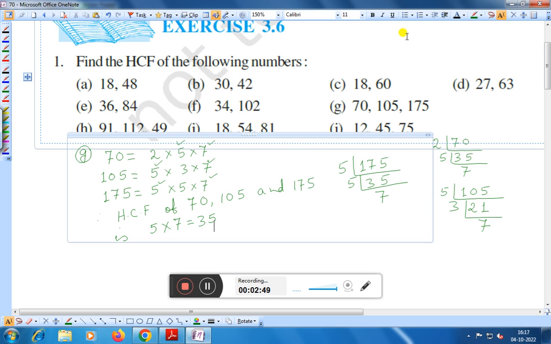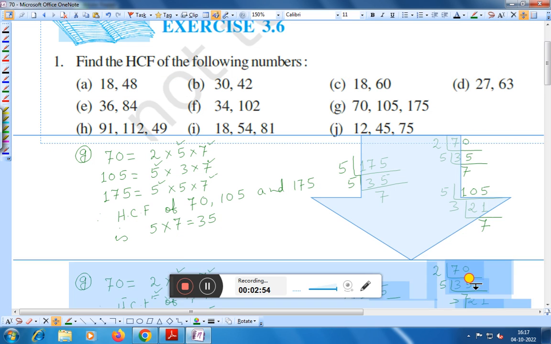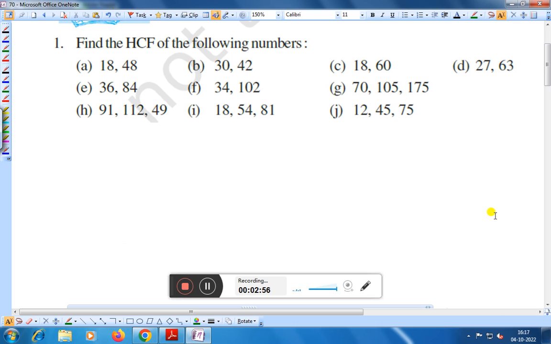Next we will do question number H. Question number H has the numbers 91, 112, and 49.